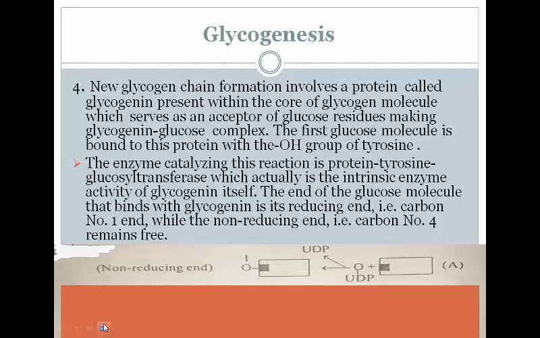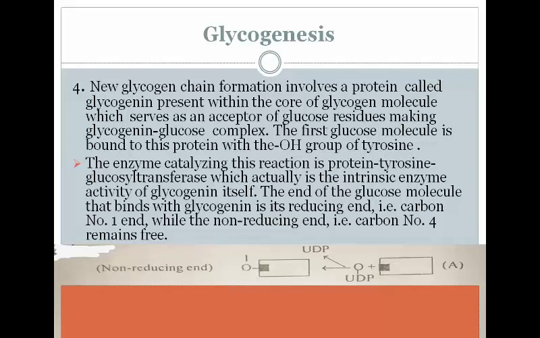So it means it's carbon 1, whereas the non-reducing end, that is carbon 4 of glucose, remains free. Here you can see the box is basically representing the glycogenin and the black part is tyrosine.